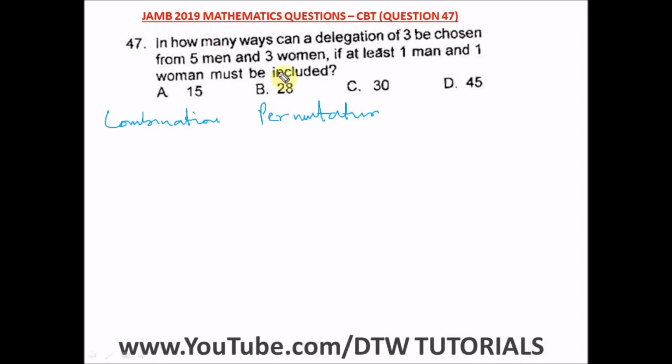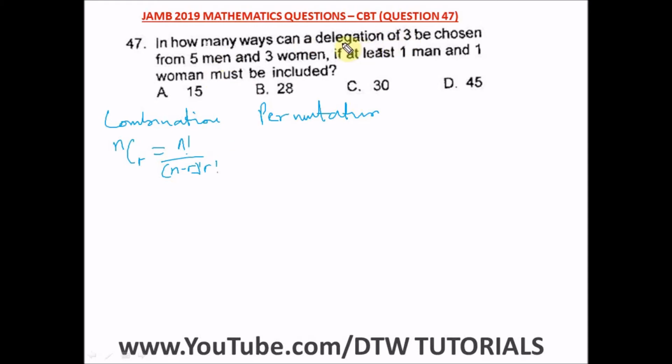So from here, let's look at our question closely. And remember, combination, when you have C n r, it is equal to n factorial over n minus r factorial, then r factorial. So what do we have here?